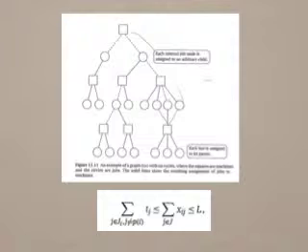Adding the two inequalities, we get that the summation of p_ij, summing over all j in J_i, is less than or equal to L plus L star, as claimed.